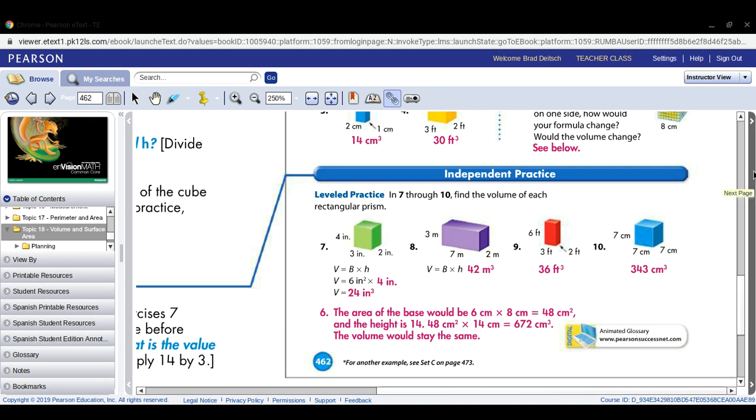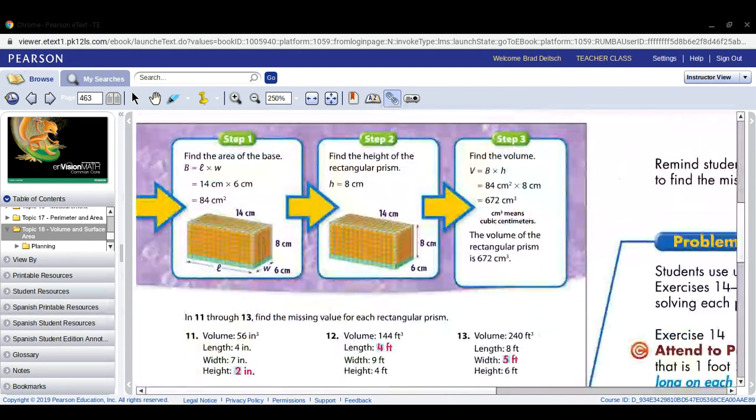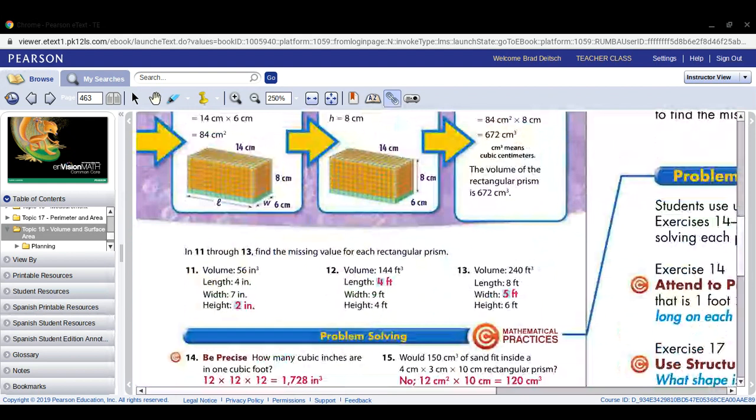All right, so now we'll get into some a little bit more difficult problems here. I'm just going to scroll down. With number 11, 12, and 13, what you need to do is use inverse operations to solve for the variable. So you write the formula, volume equals length times width times height. So you write 56 equals 4 times 7 times 2.